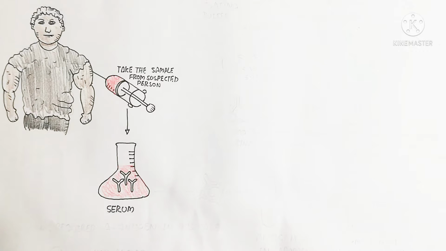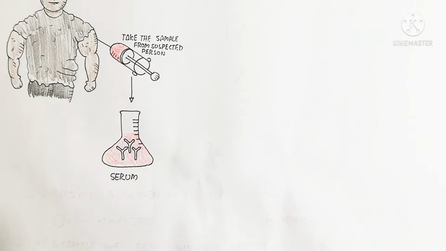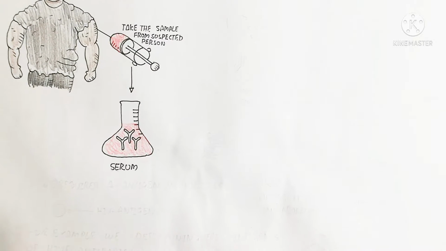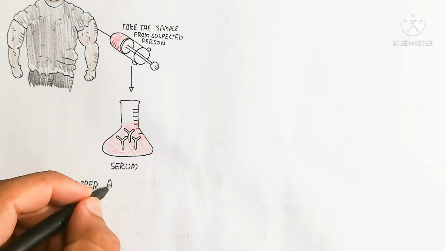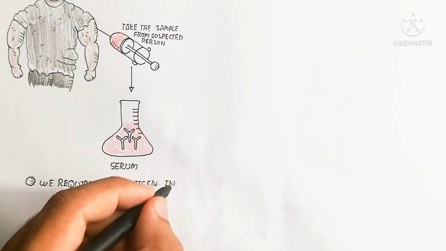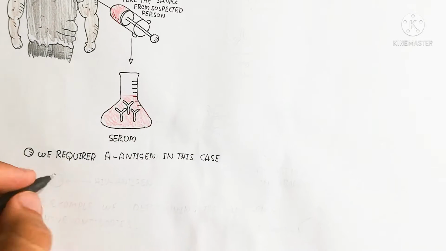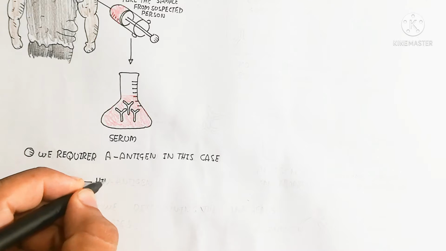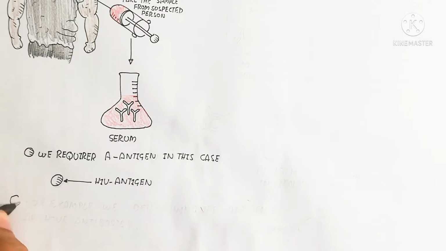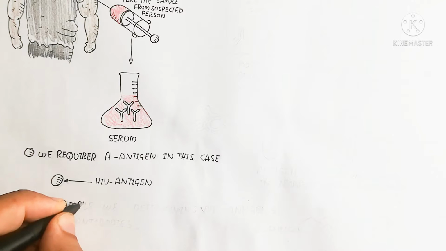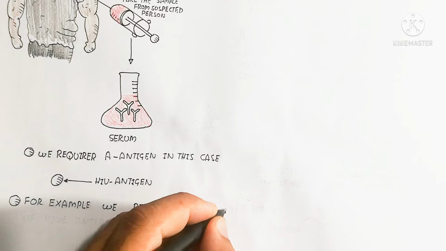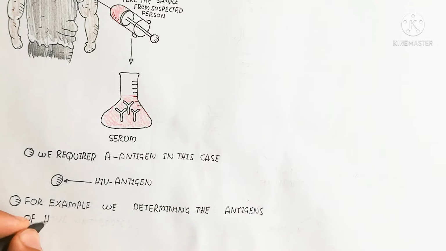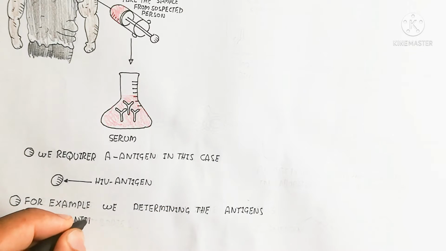Why do we need the antigen? Because we are taking the antigen from the lab to check whether antibodies against this antigen are present or not. For example, the HIV antigen is present in human beings, so we can detect it by the antibodies produced against that antigen.